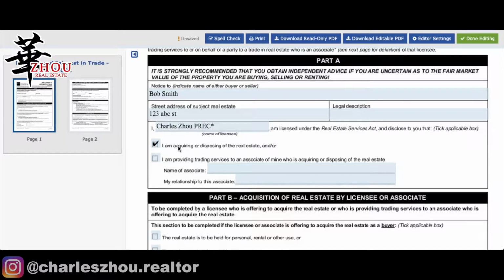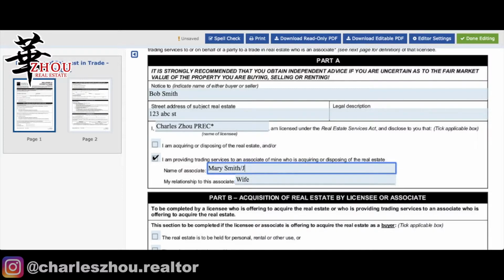That's for I am acquiring or disposing of real estate and or. So you can choose the second one. You can put Mary Smith, relationship, wife.